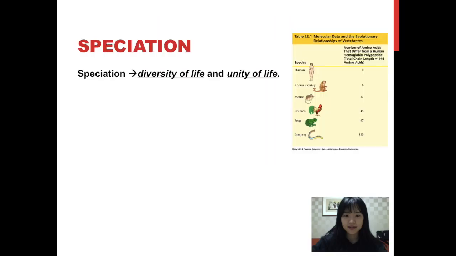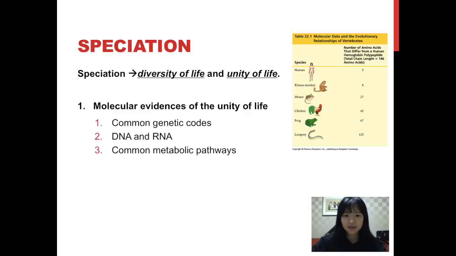Speciation explains the diversity of life, and it not only explains the differences between species but also the similarities between them, also called the unity of life. For the molecular evidence of the unity of life, major features of the genetic code are shared by all modern living systems.